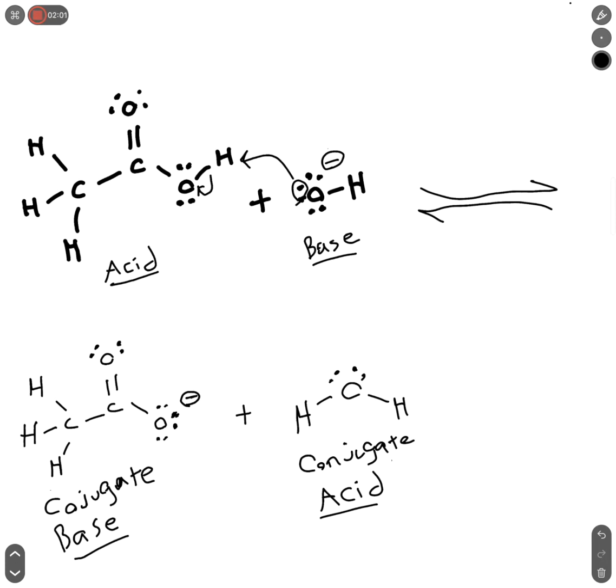This is known as the Bronsted-Lowry acid-base theorem.